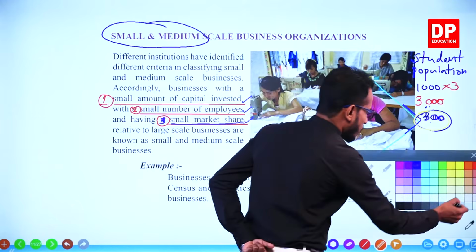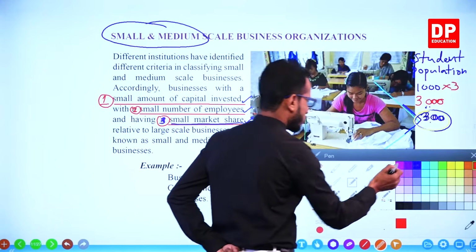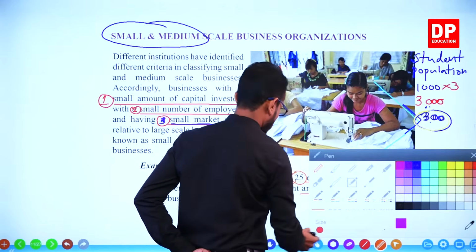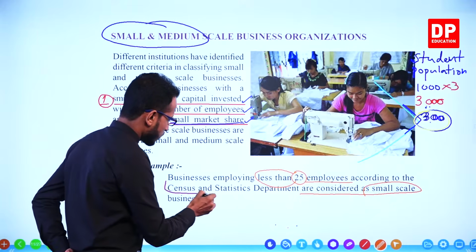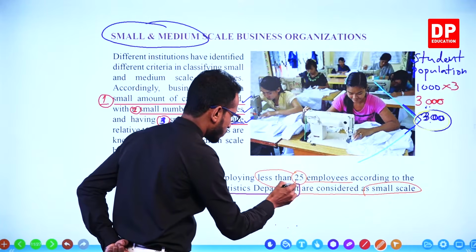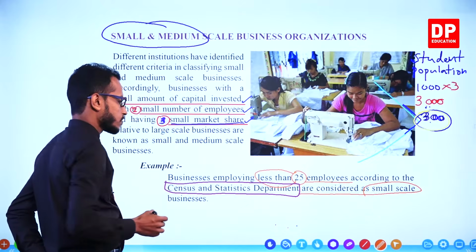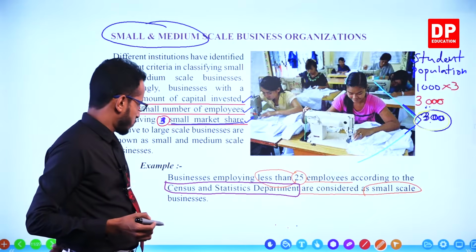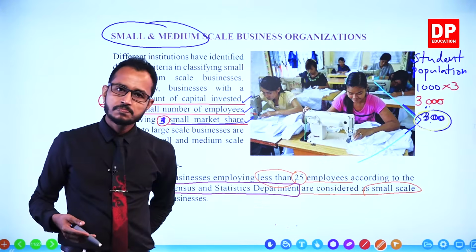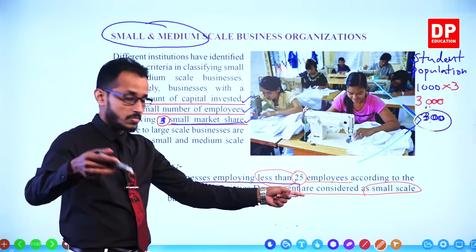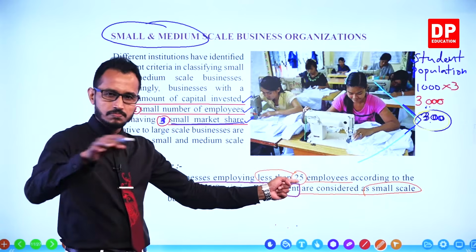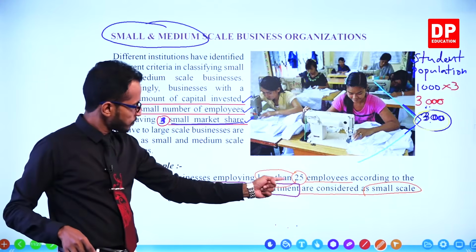That is decided by this institute. Which institute? Census and Statistics Department, which is a government department. They have imposed this benchmark, cutoff mark.